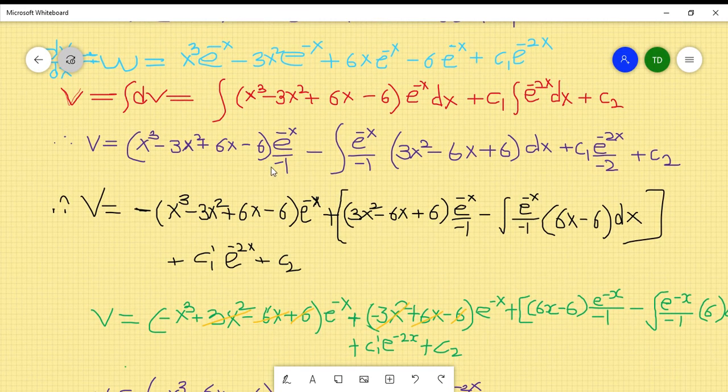Then this minus, let us absorb here, we get minus of this bracket times e raised to minus x plus, this minus and minus have turned plus.